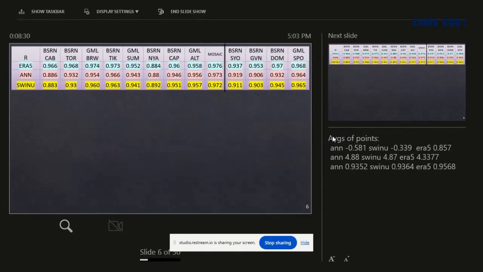So then if we look at the comparison of the SWIN UNet and how it performs relative to the single pixel retrieval and also to ERA5, you can see that the single pixel and the SWIN UNet are basically identical in terms of correlation coefficients. I haven't looked at this recently, but I think the biggest difference is like 0.01. They're very, very close to the same value.